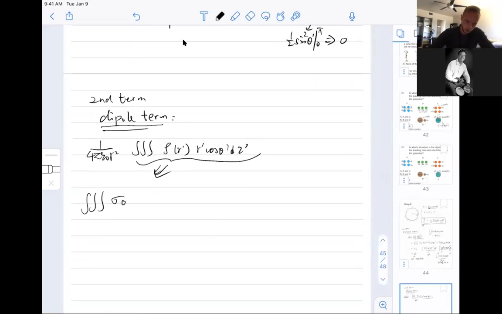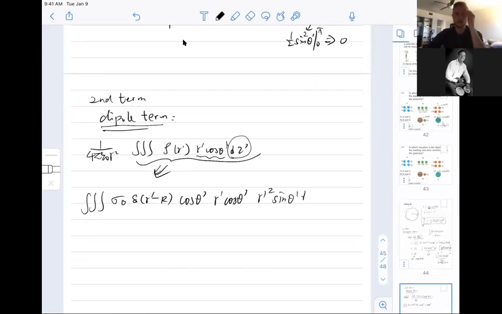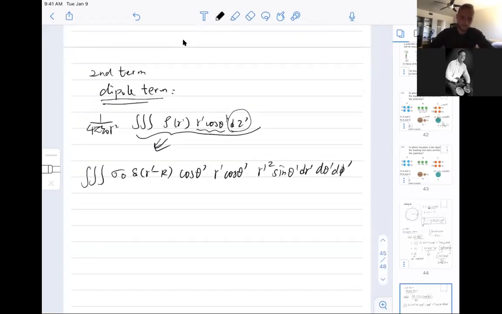Plug in rho delta, cosine theta, and you still have this r prime cosine theta prime. D tau is that long thing, r squared sine theta dr d theta d phi. Okay, so now I'm going to group everything together, right? Now you group all the r together, you get delta of r prime minus R, times r prime cubed, dr prime.